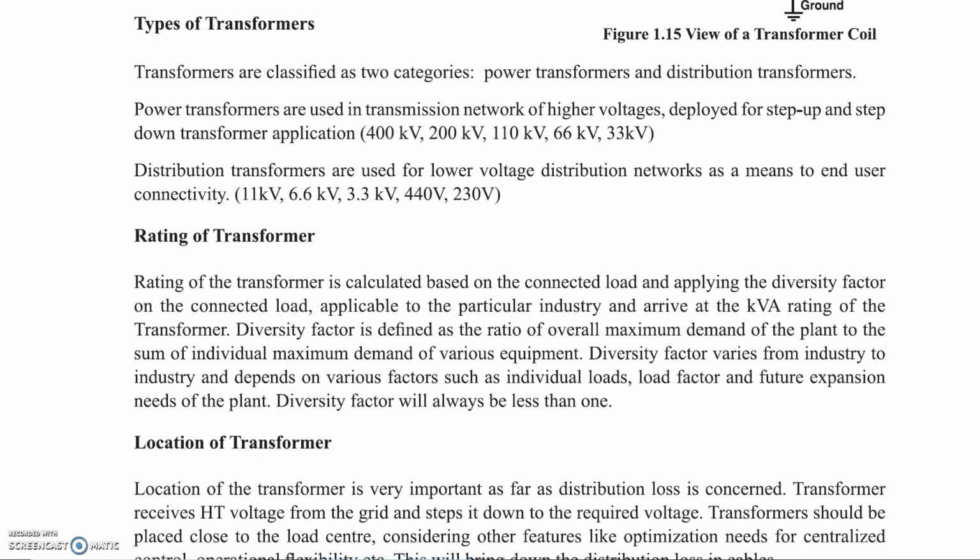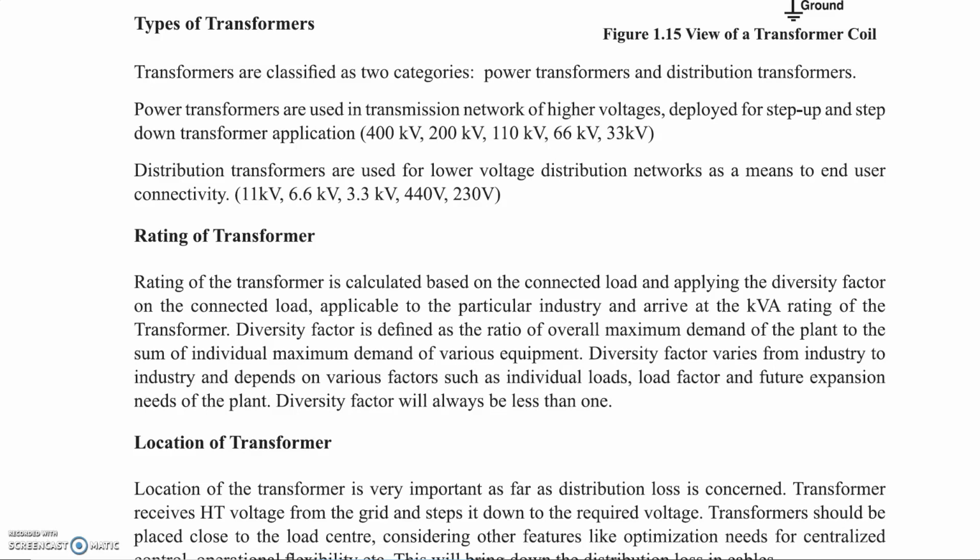The transformer rating will be decided by what are the loads available, what are the loads connected in that particular apartment. Now, another aspect that we have to consider here is that all the loads which are connected in the transformer, all the loads which are present in the premises, in the building, will not be switched on at the same time, but they will be switched on at different times as per their requirement.